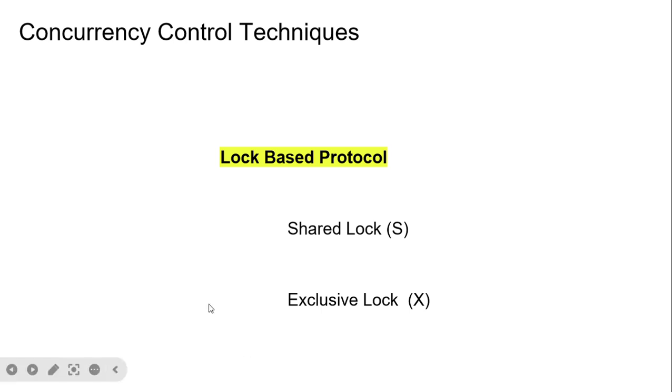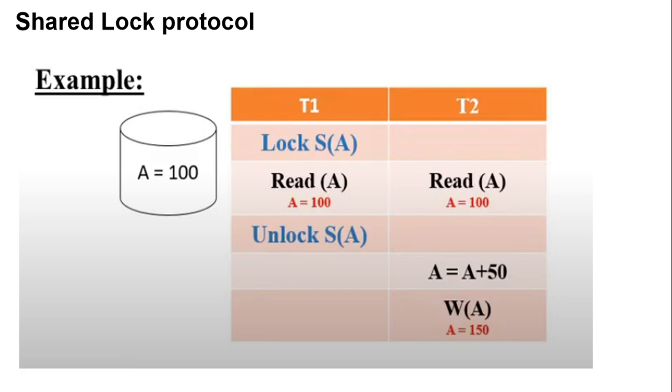A shared lock is represented as capital S, and an exclusive lock is represented by capital X. I think it's better if we see it with the help of an example. This is an example for the shared lock protocol. Here, in a schedule, I took two transactions, T1 and T2.